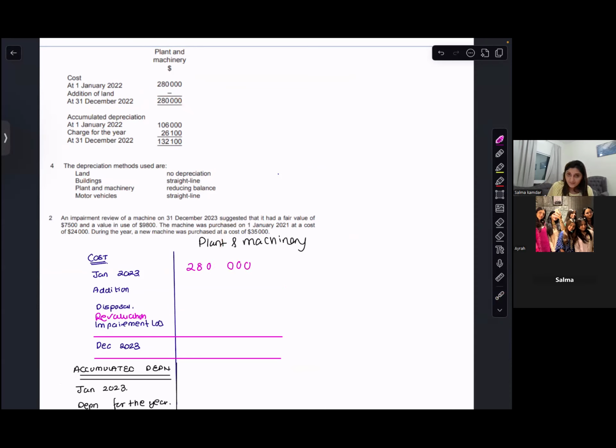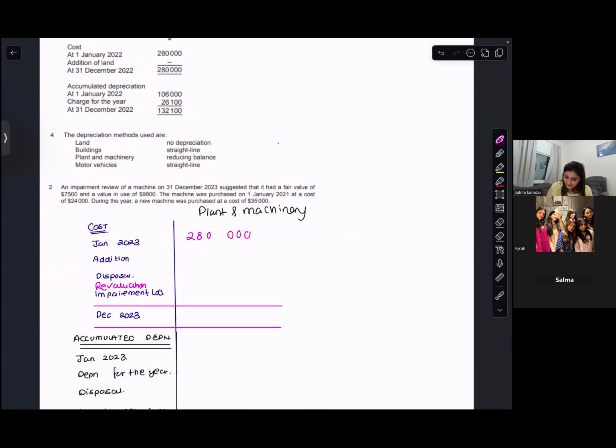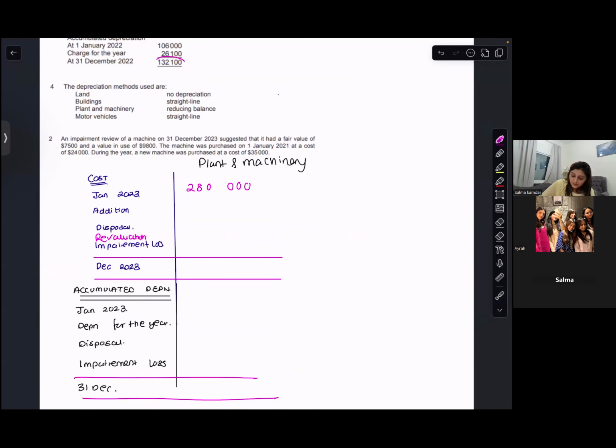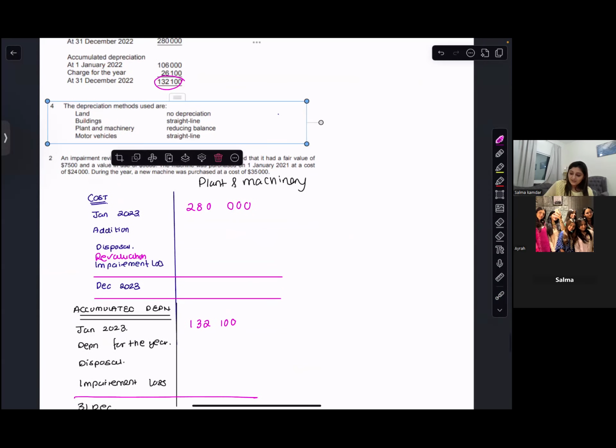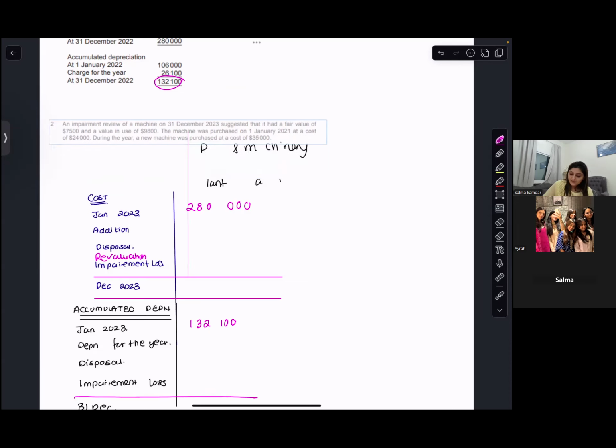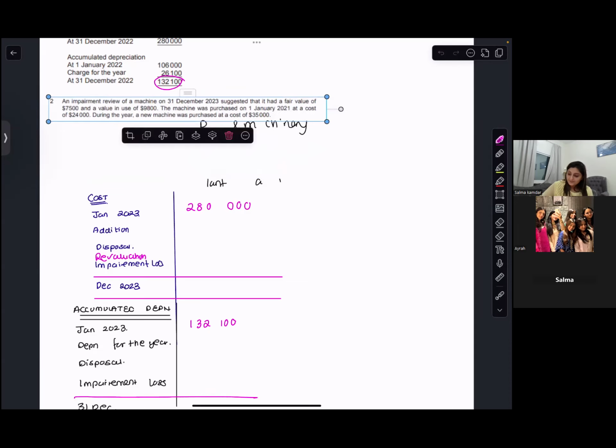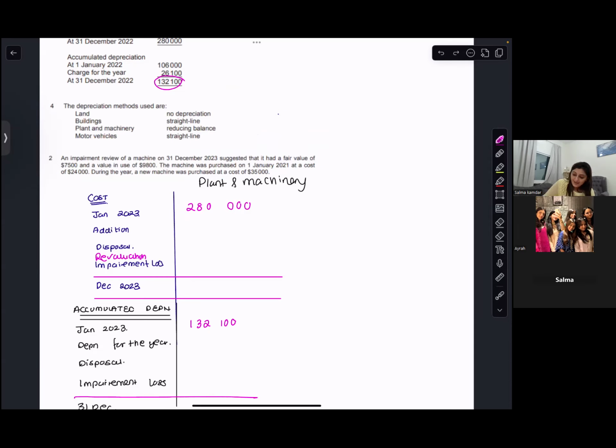Similarly, for accumulated depreciation, I will write the accumulated depreciation over here. Plant and machinery is to be depreciated using the reducing balance method, not straight line. I need to calculate the depreciation for the year.